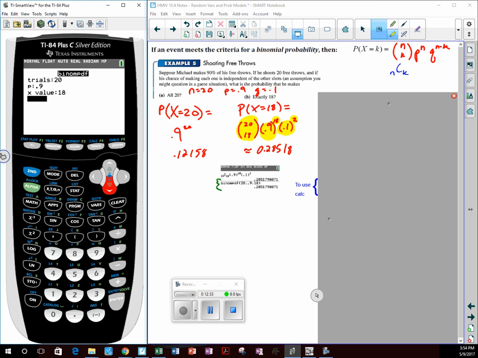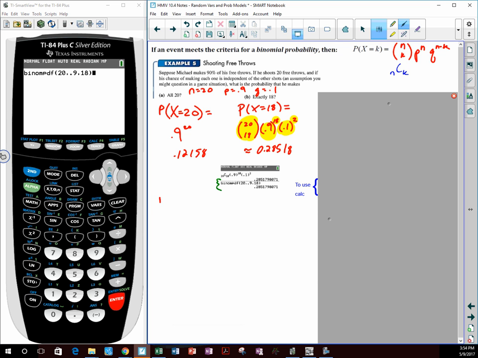All right, now if you have an older calculator, when you go to binomial PDF, it's going to give you an empty parentheses. What you want to do is type in exactly what you see here. Basically, you are typing in, I'm going to write it on the smartboard here, binom PDF, and then in the parentheses you want to put N, and then comma, and then P, and then K. Or I guess, I think your calculator calls it X, but it's the number of successes.